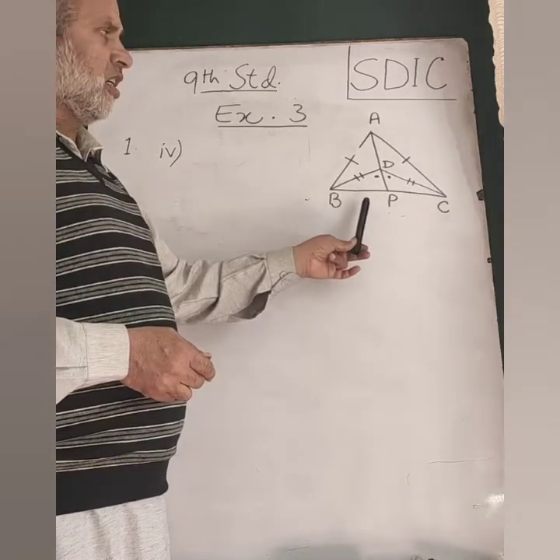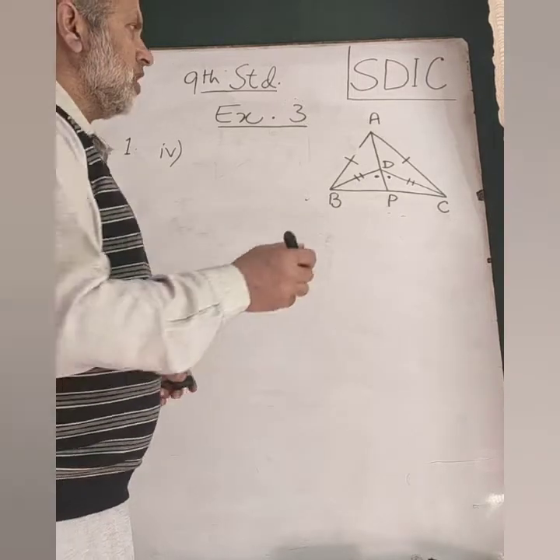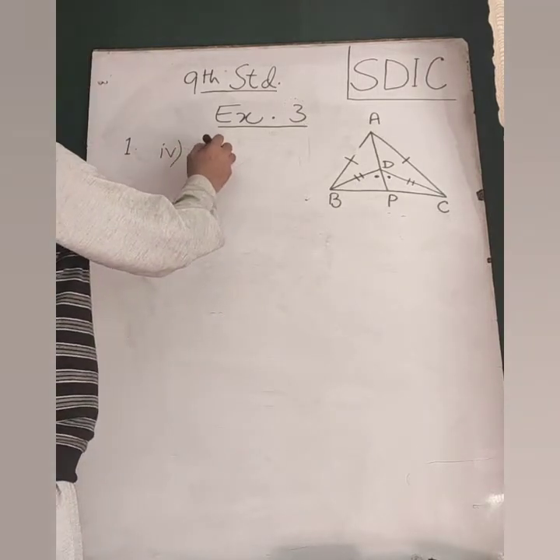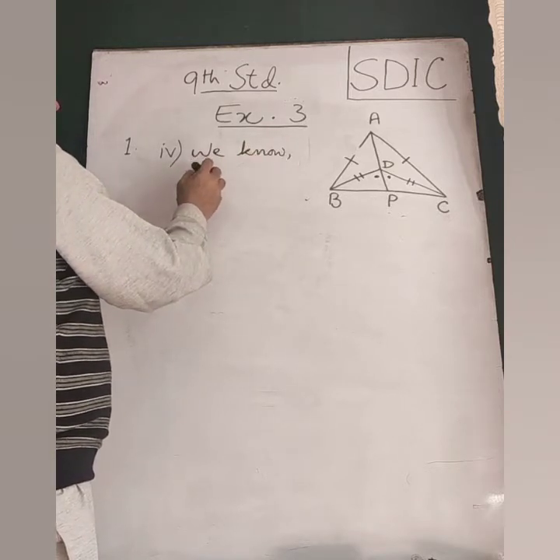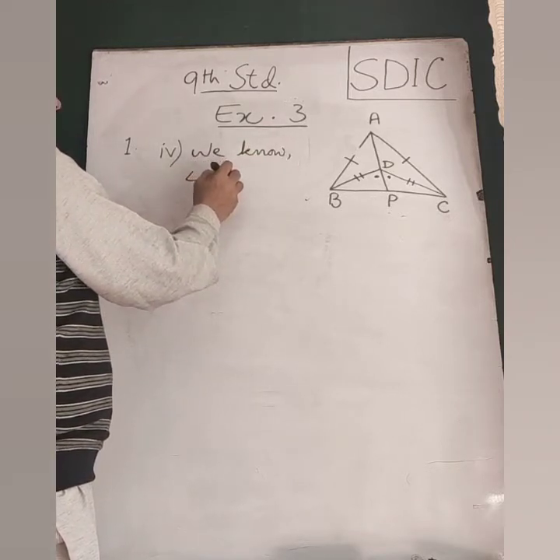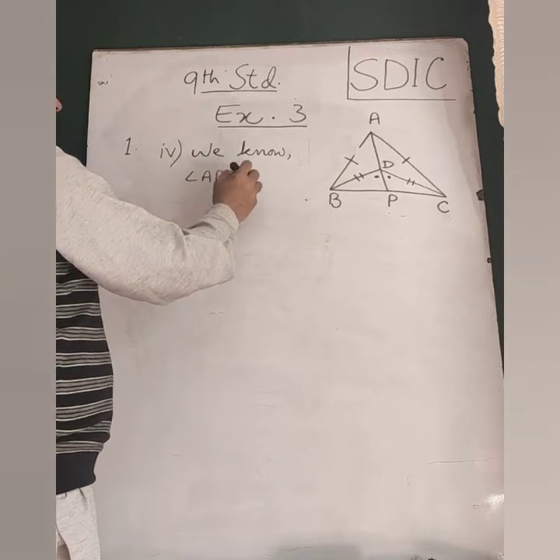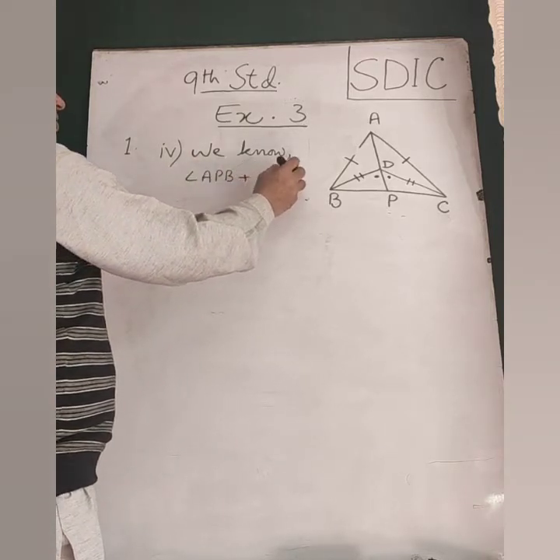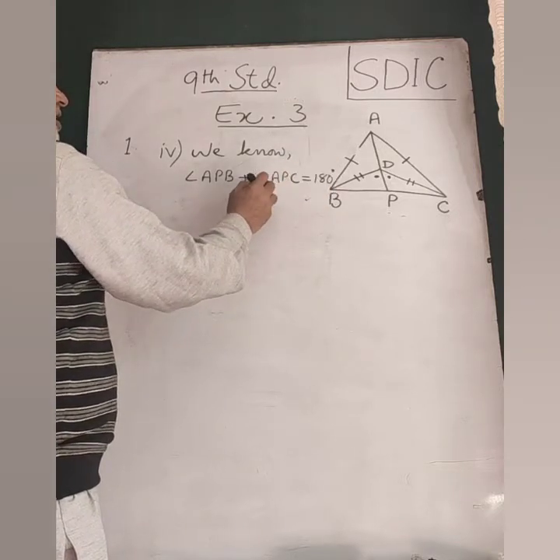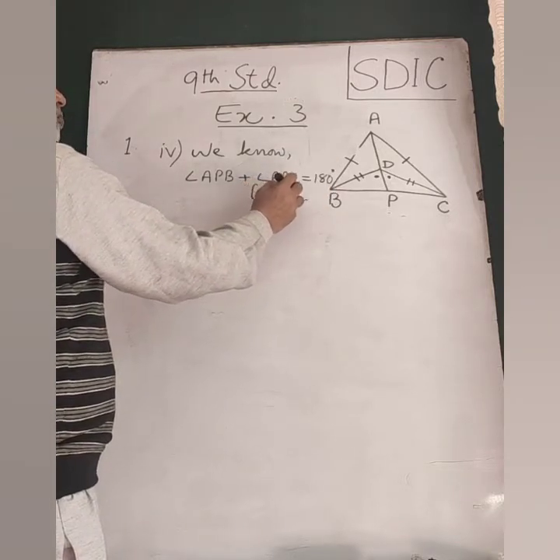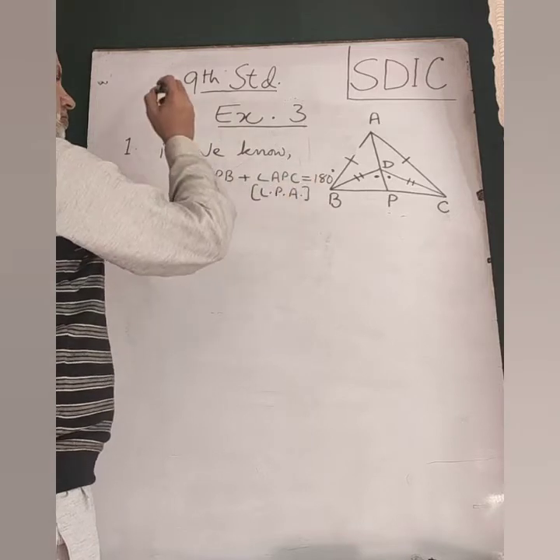You have already read, the sum of the angles will be 180 degrees. We know angle APB plus angle APC is equal to 180 degrees. Write in the bracket linear pair axiom.